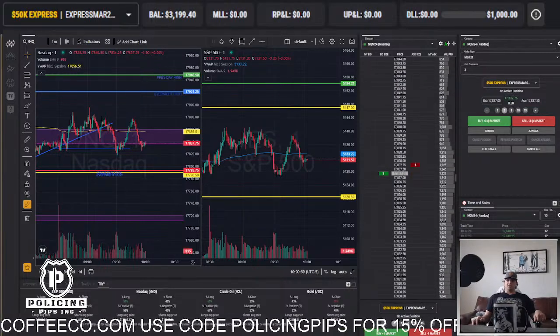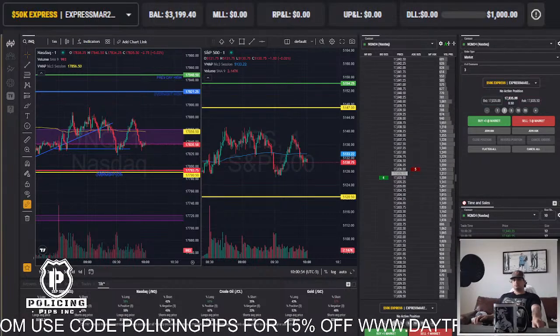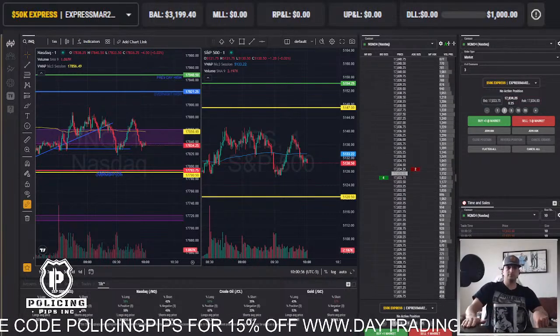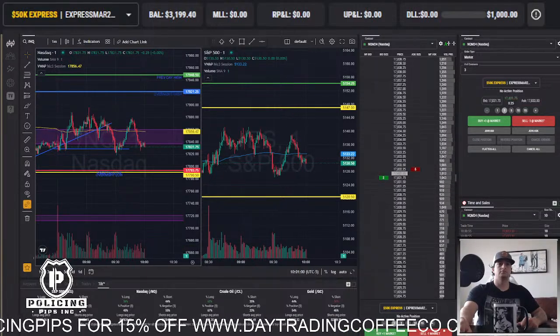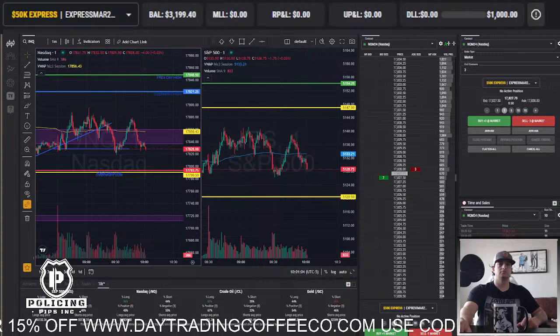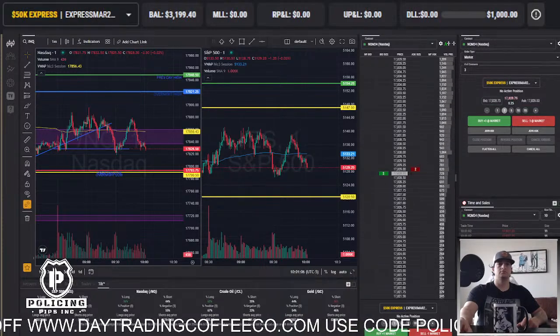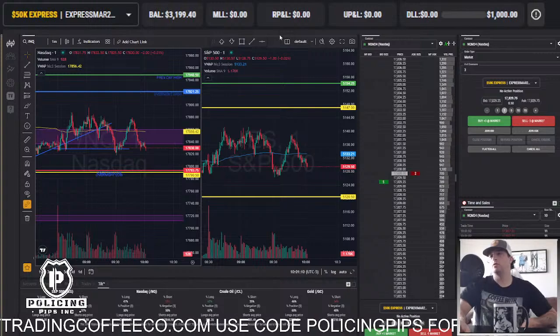Boy, oh boy, this price action sucks. Can we crack this 29 level?